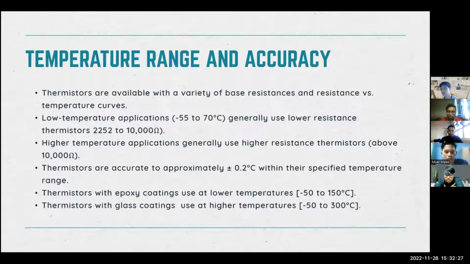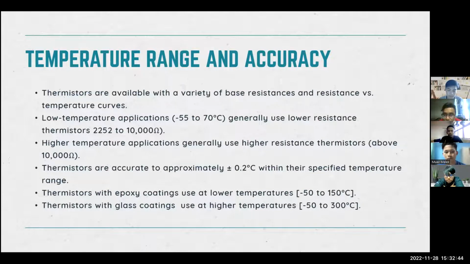And for the high temperature, we will use the high resistor, which is above 10,000 ohm. The accuracy of thermistor is approximately plus minus 0.2 Celsius within the specified temperature range.